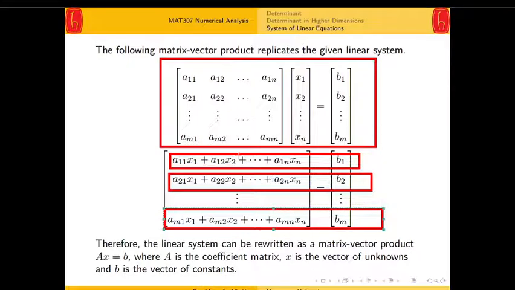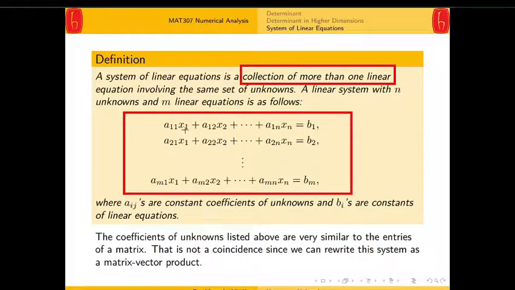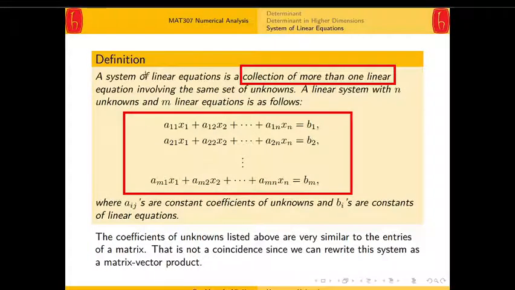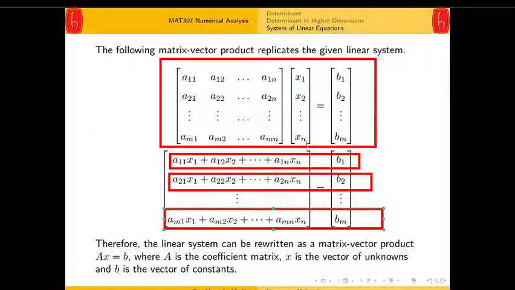If you check this with the equation itself, we see these are basically the same. So any system of linear equations can be rewritten as a matrix vector product like Ax equals b. Here A is known as the coefficient matrix, x is the vector of unknowns, and b is the vector of constants.